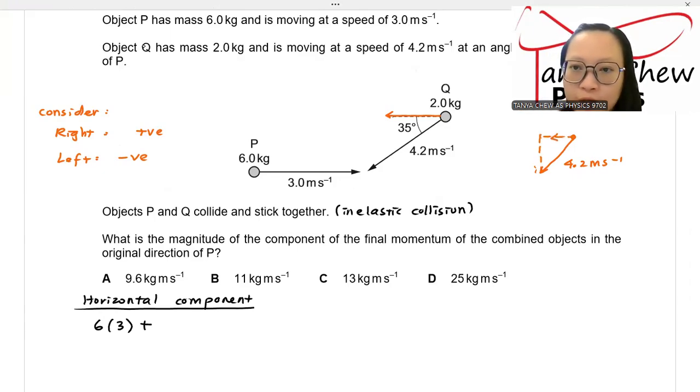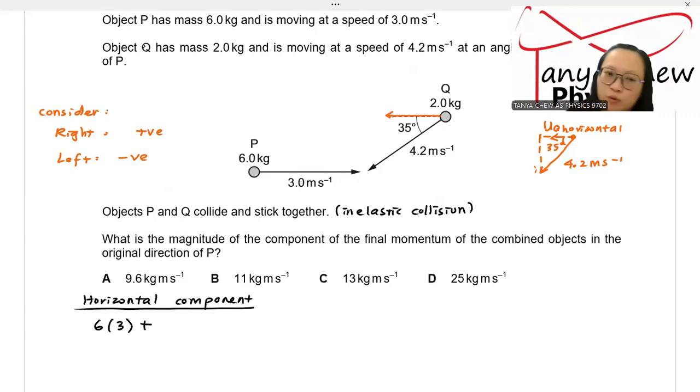This is the angle of 35. Can you see that the direction of Q is towards left? So I have to put negative to its velocity, right? So the mass of Q is 2, and you want to resolve the velocity into horizontal direction.